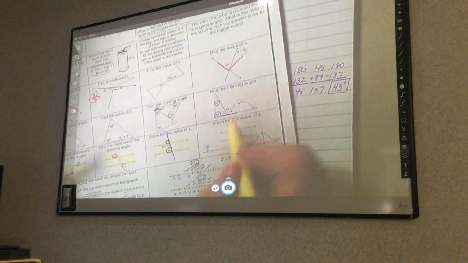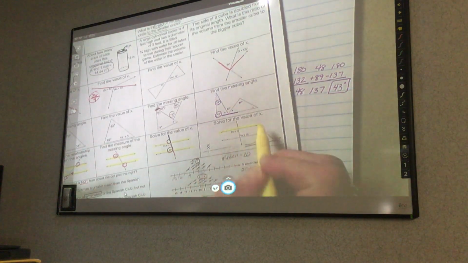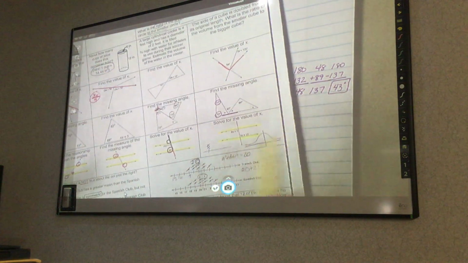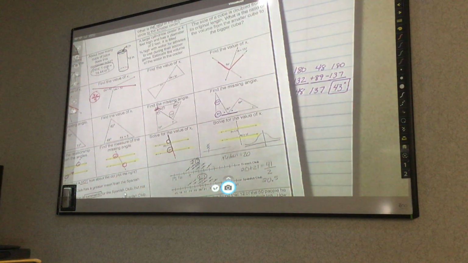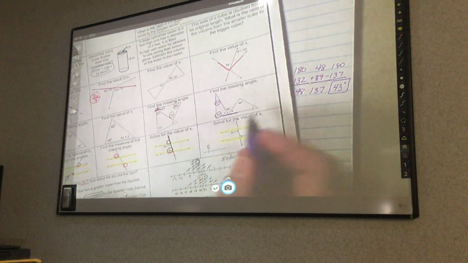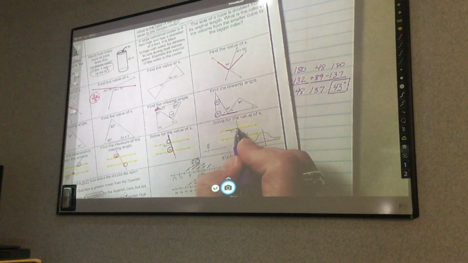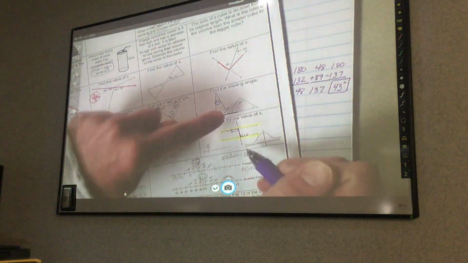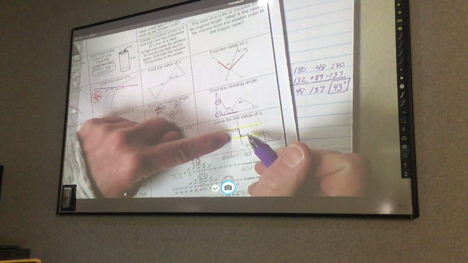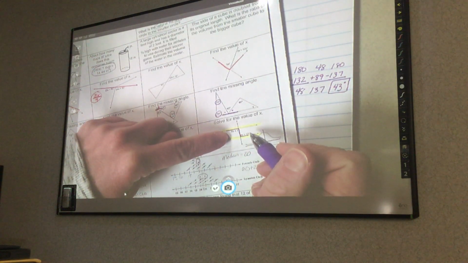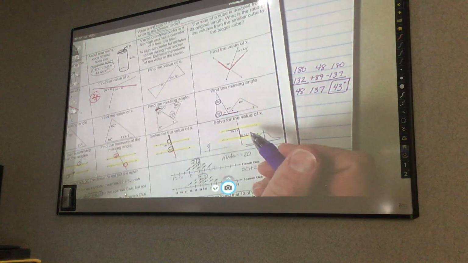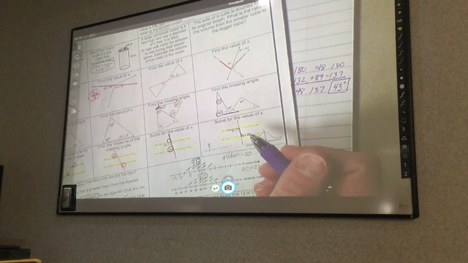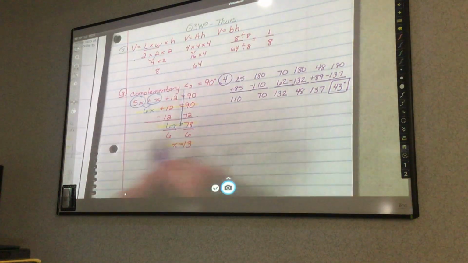When we have our parallels, what kind of angles are those? This one right here. We have this angle right here, and this angle right here. Are they on the outside or inside? Inside, so they are called interior. And are they on the same side? Nope, they're on opposite sides, so we call that alternating.